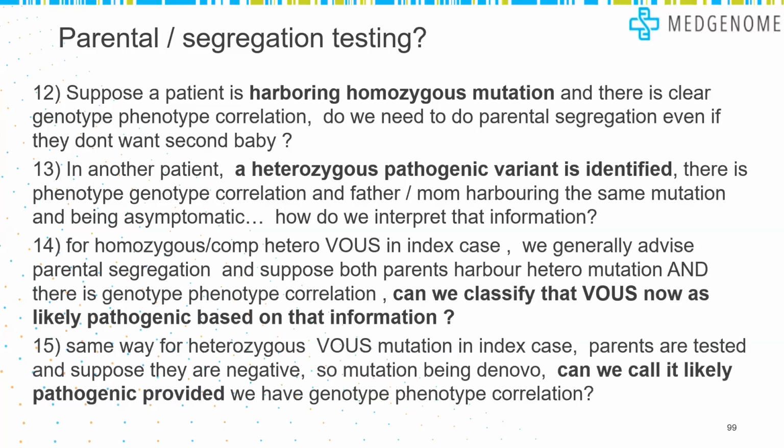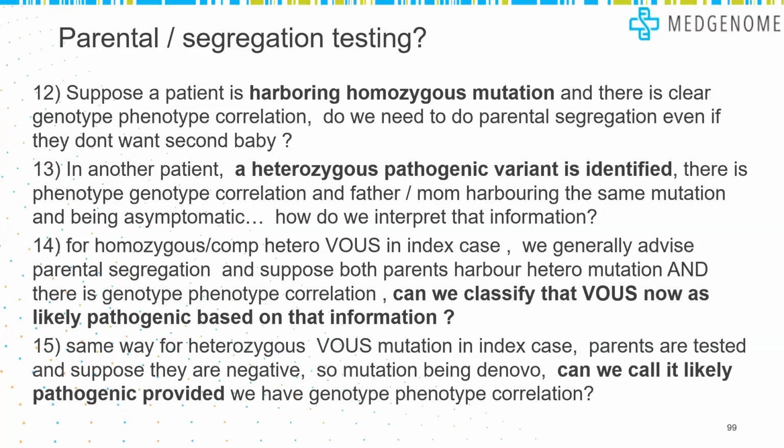Similarly, he has asked: if it is a VOUS in the index, the parents are negative, so the mutation is de novo. Can we call it likely pathogenic? Here we have to be careful before calling it likely pathogenic.